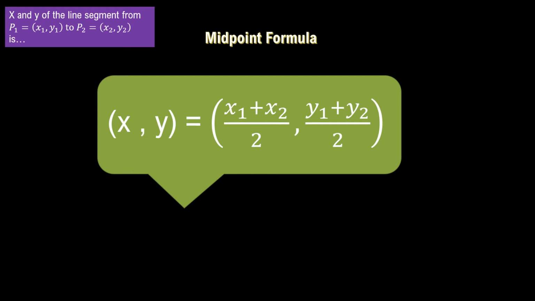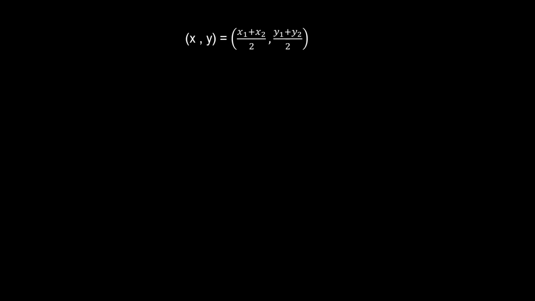So let's write down our coordinates and stick them into the formula. So at P1, x1 is equal to -4, and y1 is equal to 6.